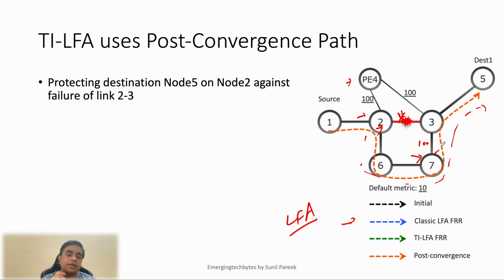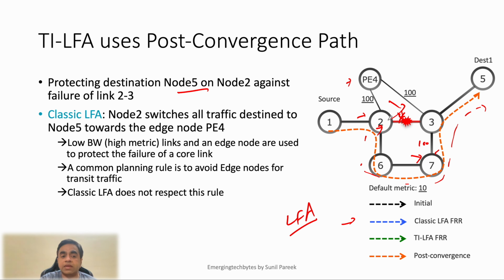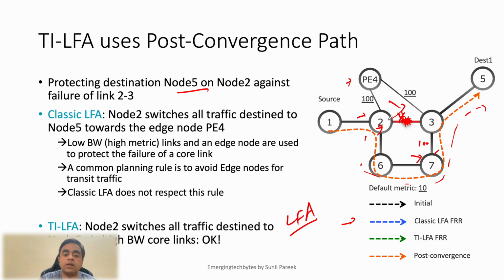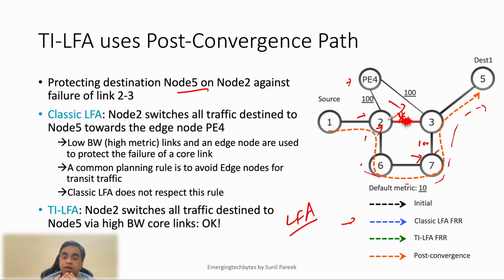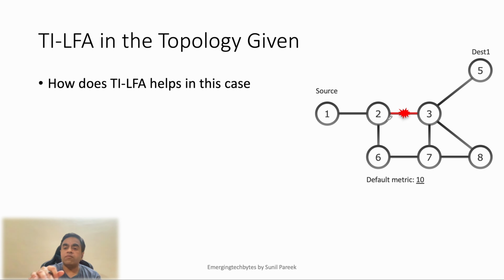So protecting a destination which is node 5 on node 2 against this failure, as we can see, the classic LFA calculates a suboptimal path, but TI-LFA calculates the correct path, which is your post convergence path as well. And if I talk about the same topology, how does TI-LFA help in this case?